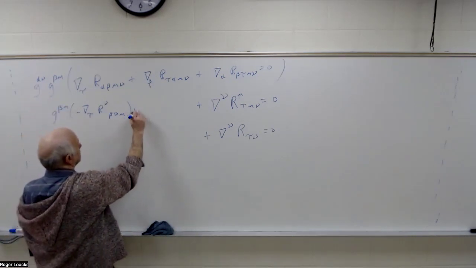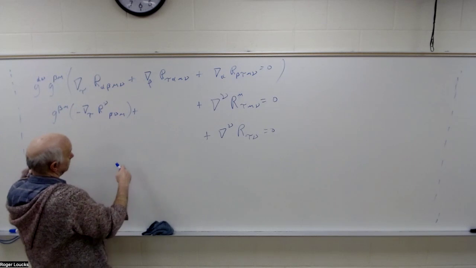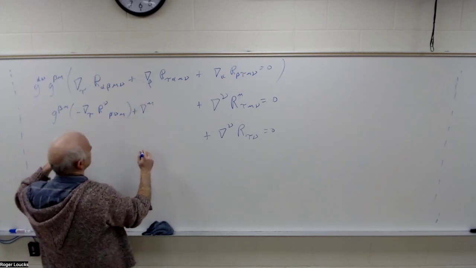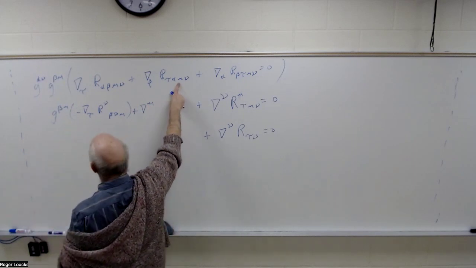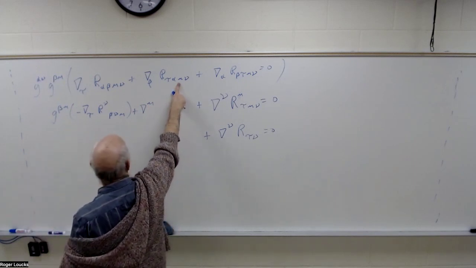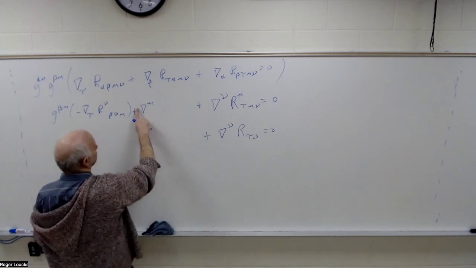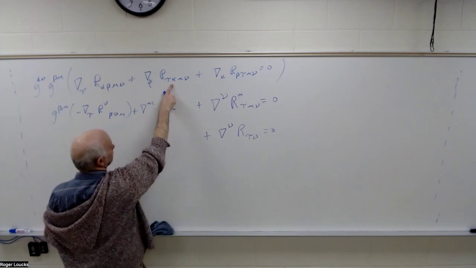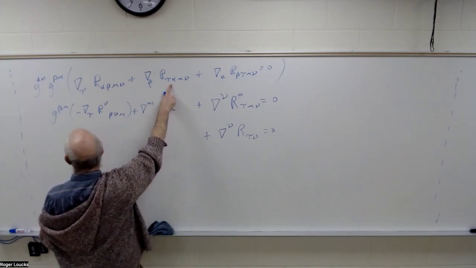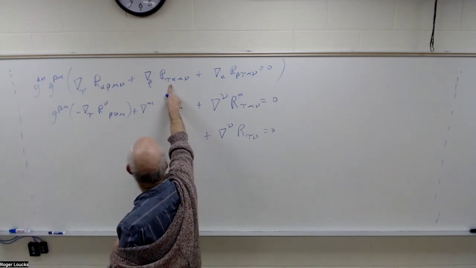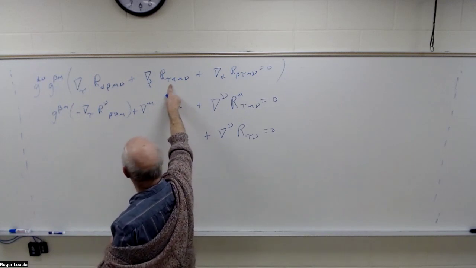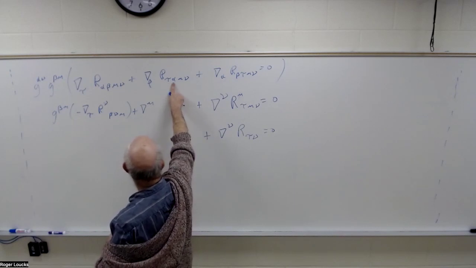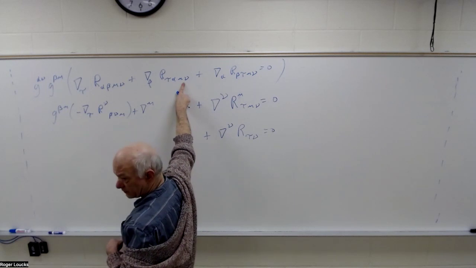Now let's do this guy here. This guy here is going to become a mu. And this guy here, alpha becomes a mu. I'm going to switch these two here. No, I'm switching things first. I'm going to switch these two guys and these two guys here, which keeps everything the same.